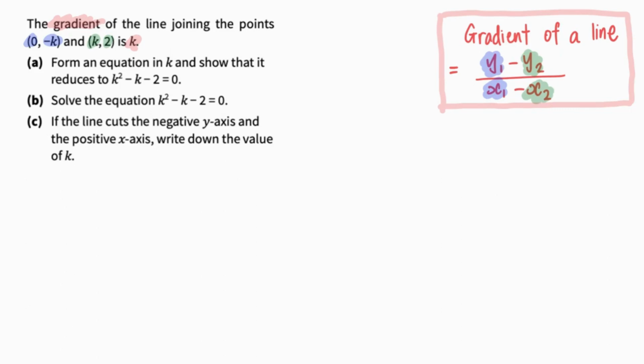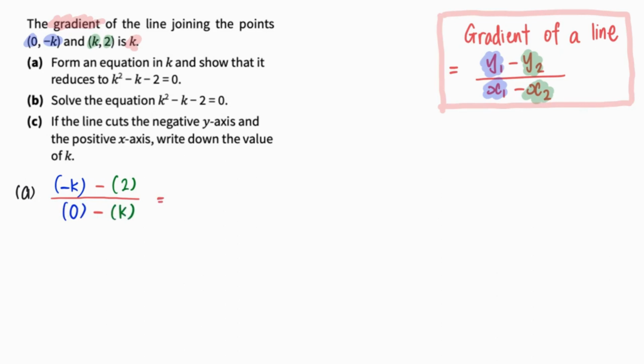So this part here for part A, I will have to make use of the formula, where I would then have y1, negative k, minus y2, over x1, 0, minus k. Okay, good to put brackets.